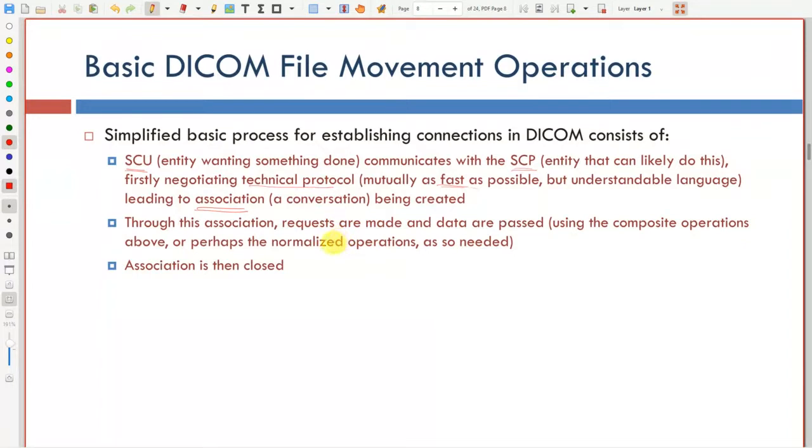After whatever you need is done, the association is closed, and if you need to communicate again, you start from the beginning. This will happen whenever a certain exchange of information is needed between two DICOM systems.